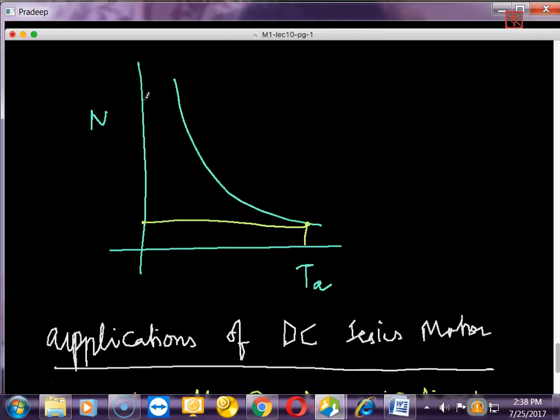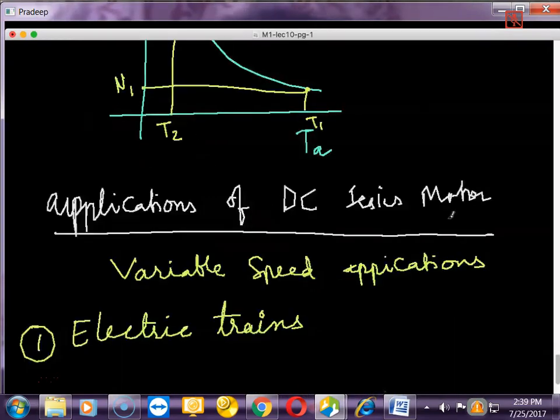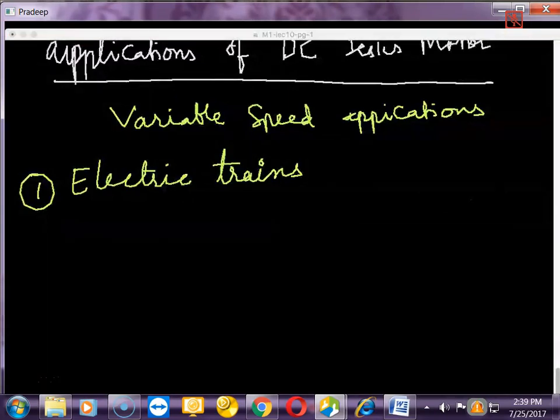And when the electric train is running at very high speed, very low torque is sufficient. So this is N1, this is N2, and this is T2 and T1. So when the train is going at very high speed, less torque is sufficient. Is it possible that the torque will be very, very low? It is not possible, because always some load is connected, because it's an electric train. So there is no danger of the train going to a dangerously high speed because of no load. So one application is electric trains.